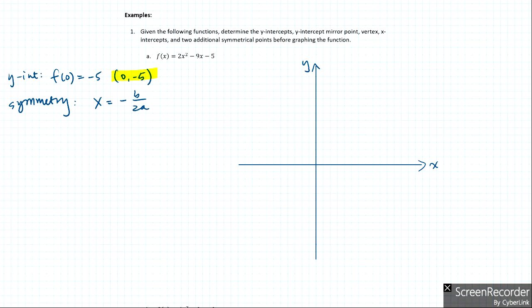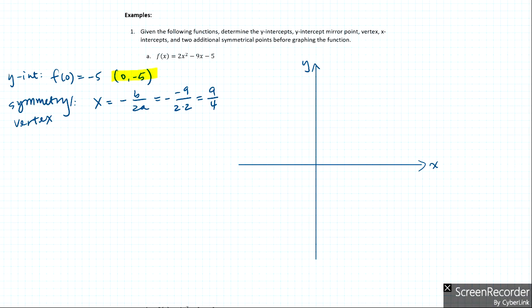This can be used as part of the process for the vertex as well, so I'm going to label it symmetry/vertex. The vertex has x-coordinate equal to -b/2a, which would be the negative of -9 over 2 times 2, and we get 9/4.